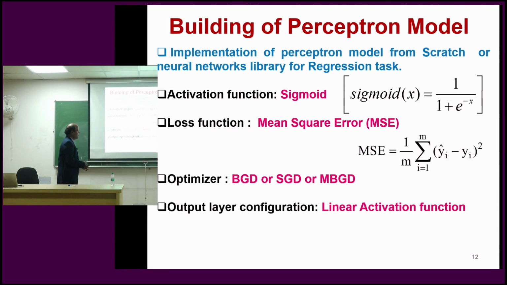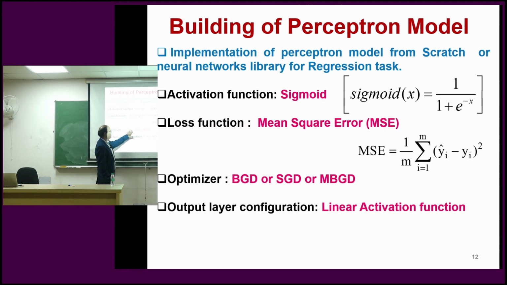So in mathematical form, let's say you use sigmoid as the activation inside, and the loss is MSE, mean square error. I hope everyone is familiar with that, okay? 1 by m, summation i goes from 1 to m, (y hat minus y) squared, right?